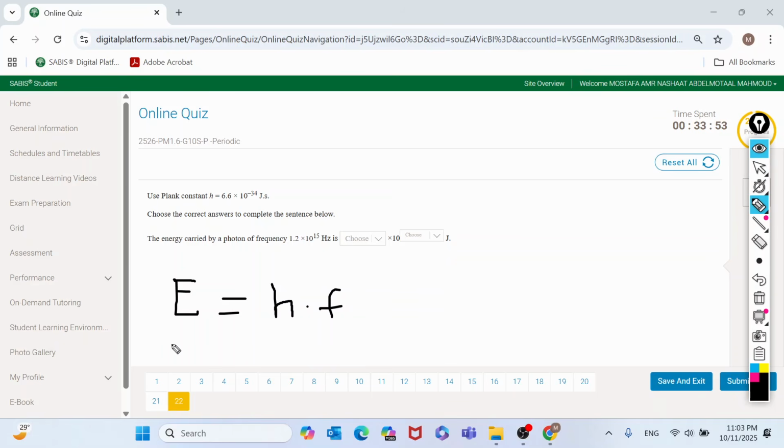E is energy in joules. h is Planck's constant, which is always this. And f is the frequency, in hertz.